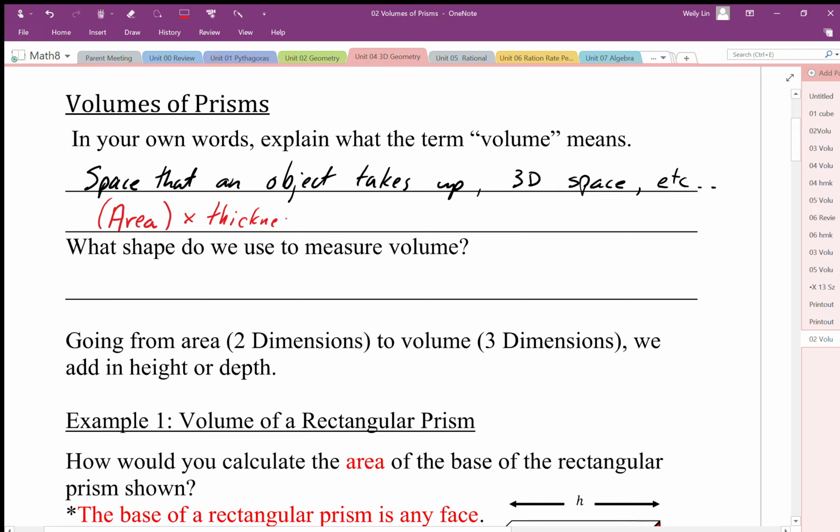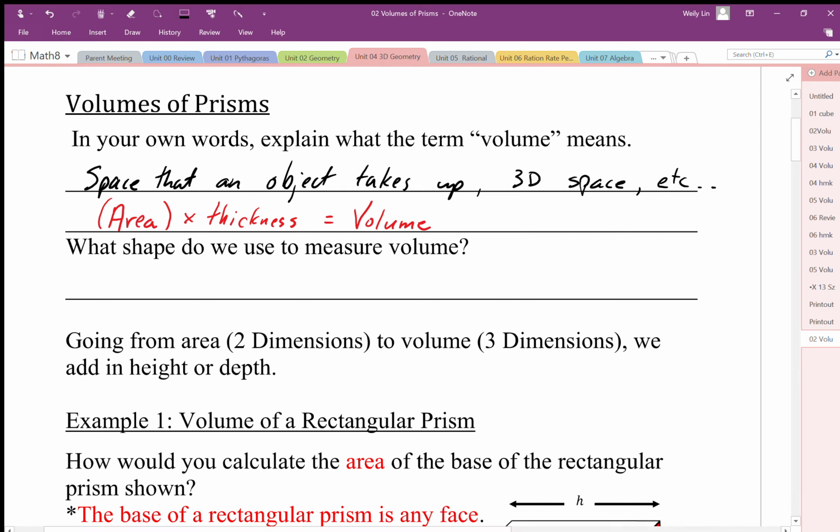And this is how we're going to start looking at volume and understanding volume. And this is just a new twist on the same thing. Most of us think of volume as length times width times height, which is perfectly fine, but it's important to start taking a little twist on it and looking at it from a slightly different perspective and thinking of it as area, and we're giving it thickness.